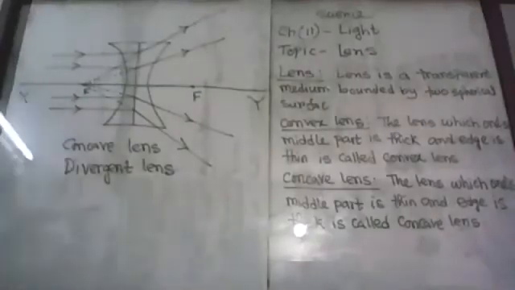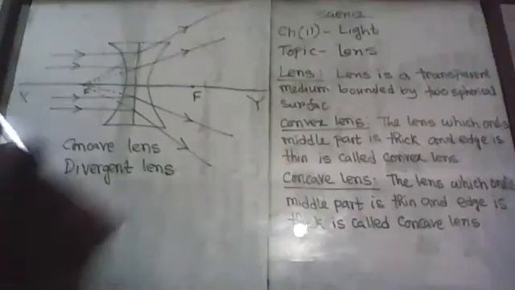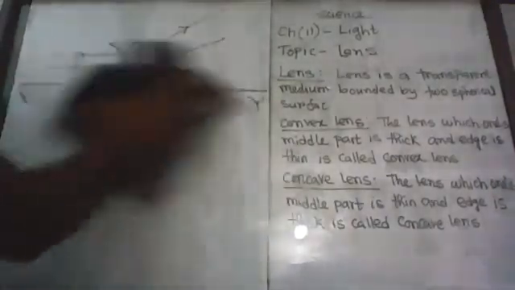That is, why is a convex lens acting as a magnifying glass? Let's see.